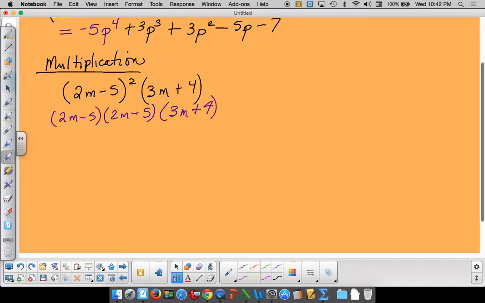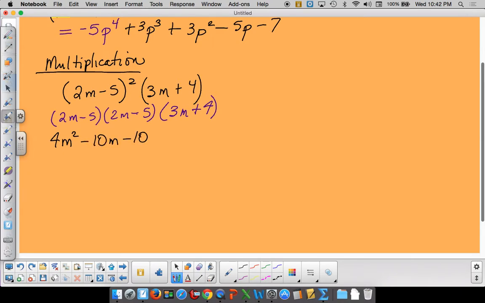So in reality, I'm actually going to multiply all three of those binomials. However, you could only do two of them at one time. And I would certainly square it. Now I'm going to do the squared one by FOILing it out the long way, but we're also going to remember the shortcut for squaring a binomial as well. So if I FOIL the first two, I'm going to have 4m squared. Outsides are negative 10m.